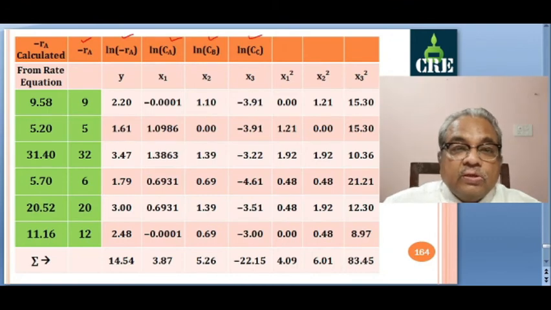So here you can see minus Ra calculated, which I have tabulated here from the rate equation which we have obtained. You can see the actual measured value is 9, this is 9.58; 5 and 5.2; 31.40 and 32; 5.76; 20.52 and 20; 11.16 and 12. So there is a reasonably good match, very good match.